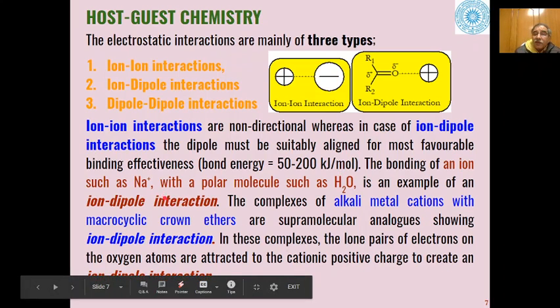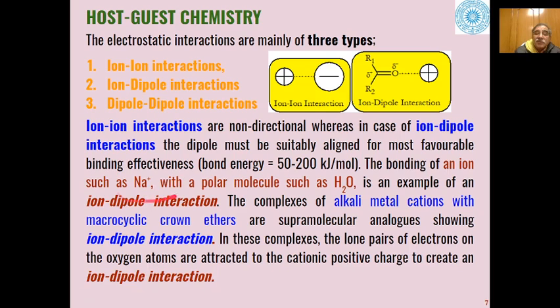Then the bonding of an ion such as sodium ion with the polar molecule like water, this is an example of ion dipole where water will act as a dipole. H is having delta positive charge, oxygen is having delta negative charge. So sodium ion will pair up or have interaction with the negatively charged oxygen to have ion dipole interaction.